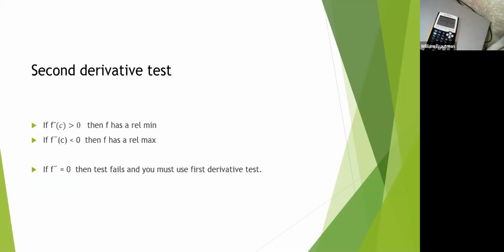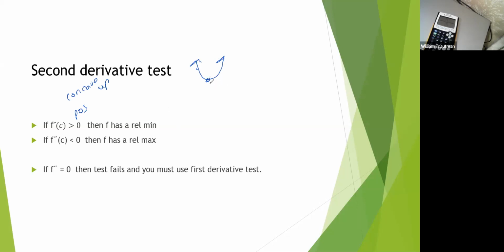Okay, second derivative test. There's something else we need to know about this test. When the second derivative at a particular point is positive, by the way, positive means concave up, this is concave up.